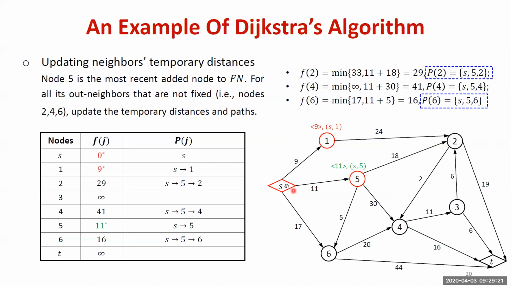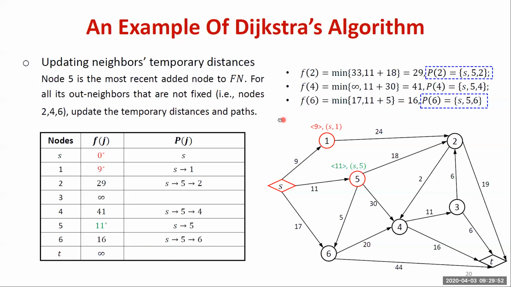So from S to 6, the second route is 11 plus 5 equals 16. And clearly 16 is smaller than 17. So I do need to update node 6, the shortest distance from S to 6. So again, you copy and paste the path from S to 5, and then add a 6 here, so that your new shortest path from S to 6 is S to 5 to 6. It's no longer directly from S to 6.